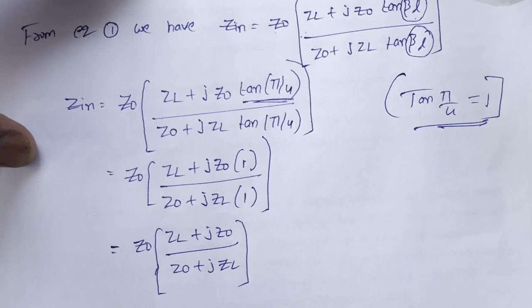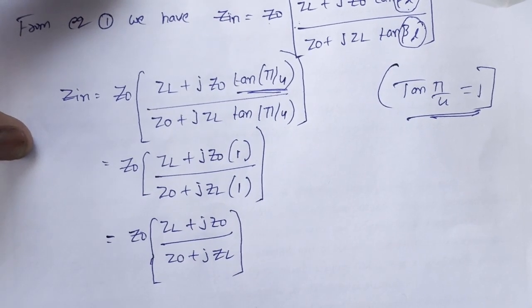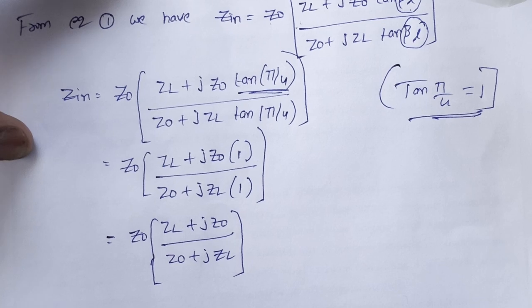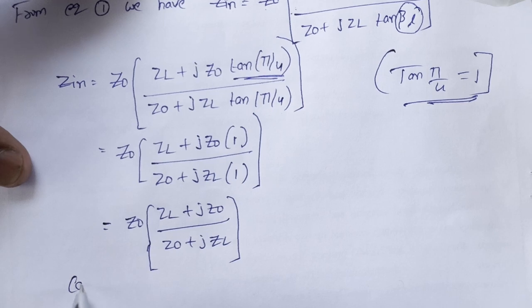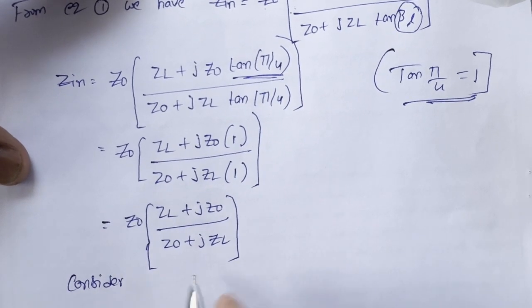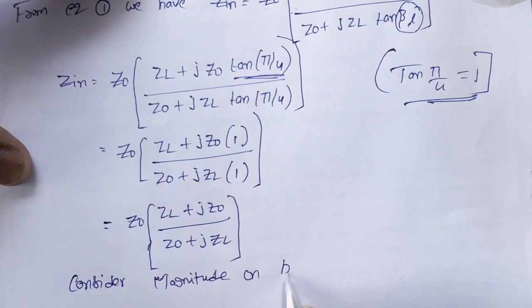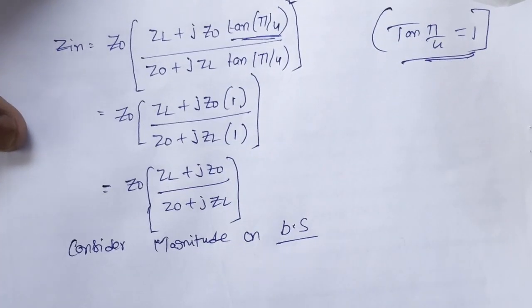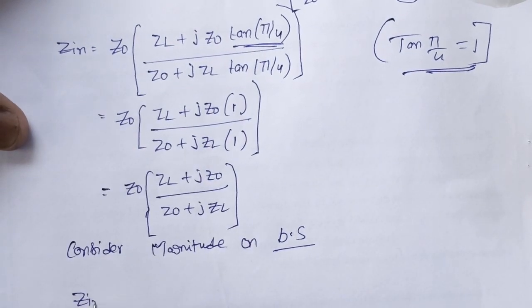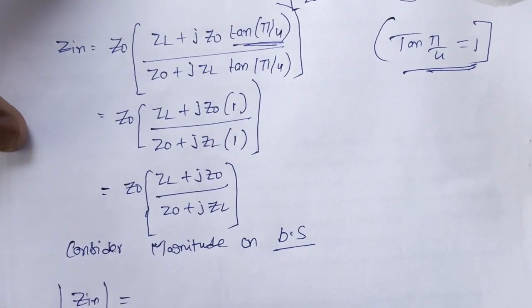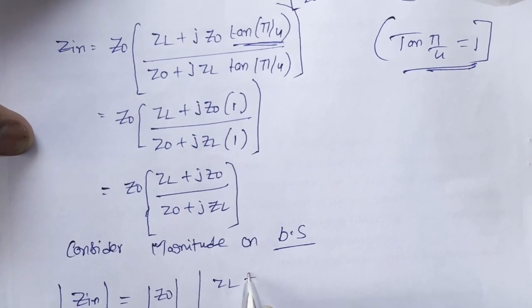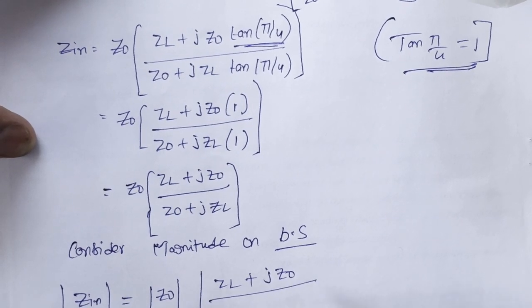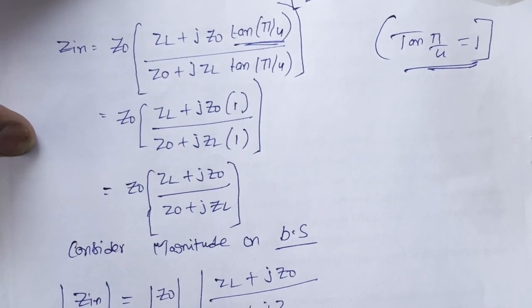Now consider magnitude on both sides. Magnitude of Zin is equal to magnitude of Z0 into magnitude of ZL plus jZ0 by Z0 plus jZL.